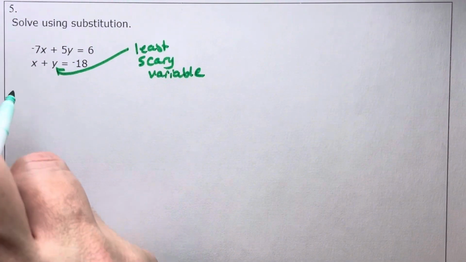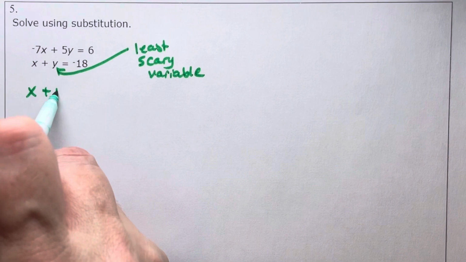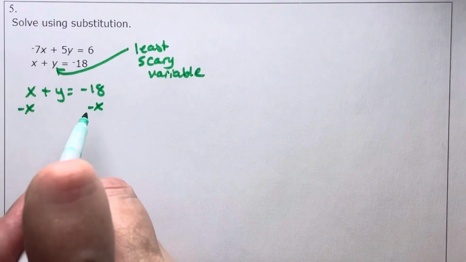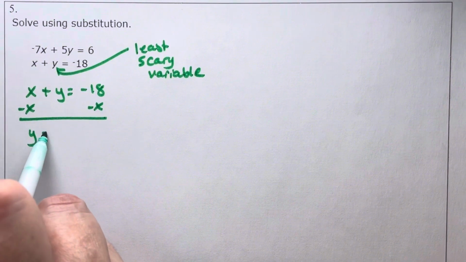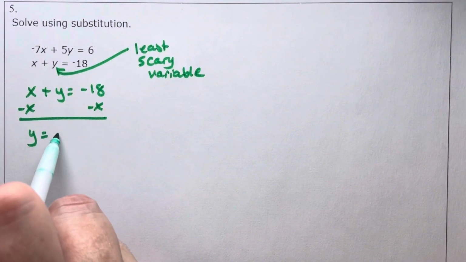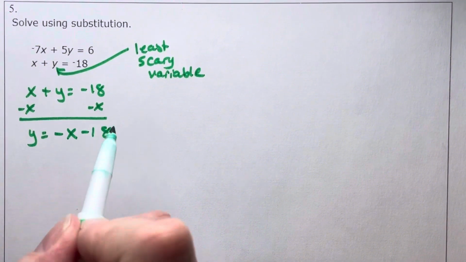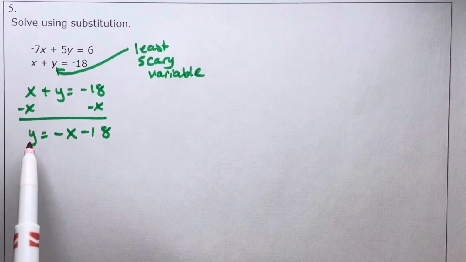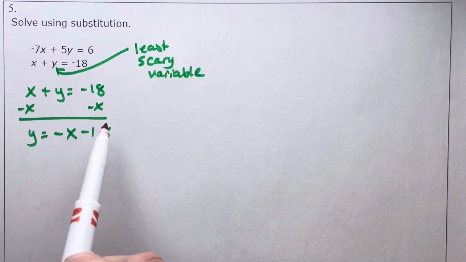So let's solve this second equation for y by subtracting x on both sides, so that as a result, y is equal to -x minus 18. Okay, so now we have done step 1, where we found the equation that is solved for a variable because we created it.